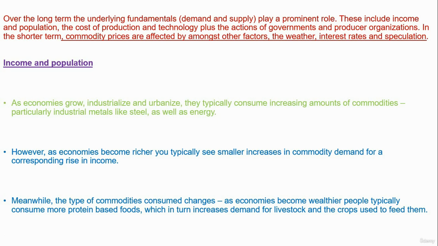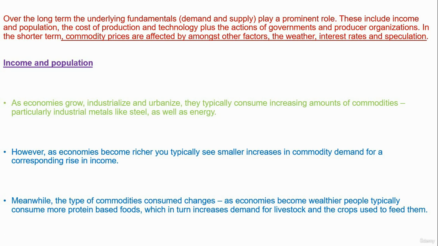As the economy becomes richer, we typically see a smaller increase in commodity demand for a corresponding rise in income. And we see that the type of commodity consumed changes as the economy becomes wealthier.